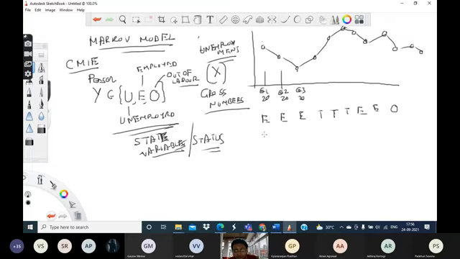Another possible sequence is as follows: E T E T E T E T, etc. Now, for any particular person, which do you think is more likely? Is this more realistic, or is this more realistic? Just common sense. No machine learning here. First one. First one. Why?